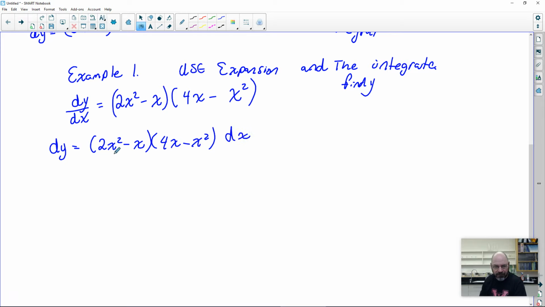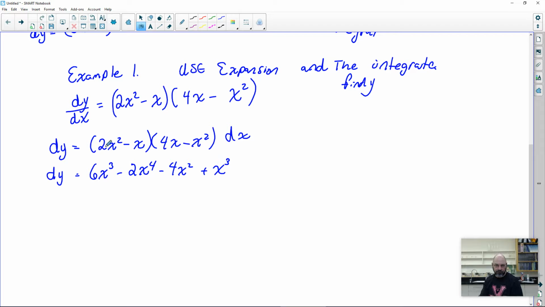So we're going to expand this part out. So 6x cubed minus 2x to the fourth minus 4x squared plus x cubed.